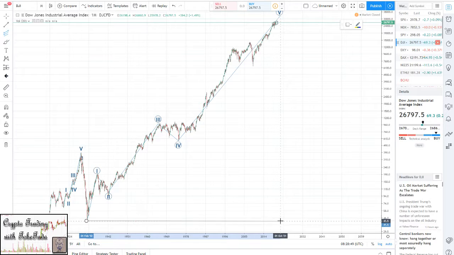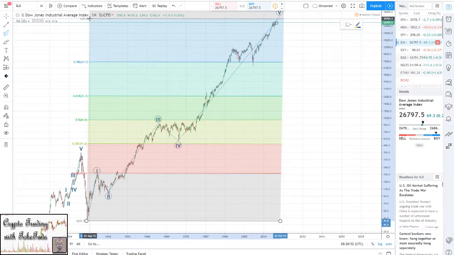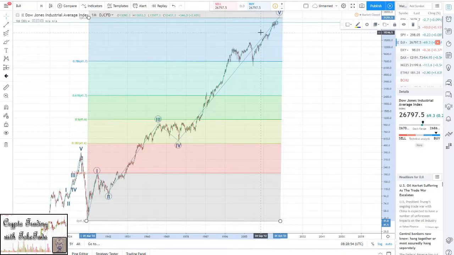Something like this here. So you can see the ratio of 0.786 in terms of Fibonacci ratios would mean that it would bring us right back down to the last recession here. It would be about 7,400.